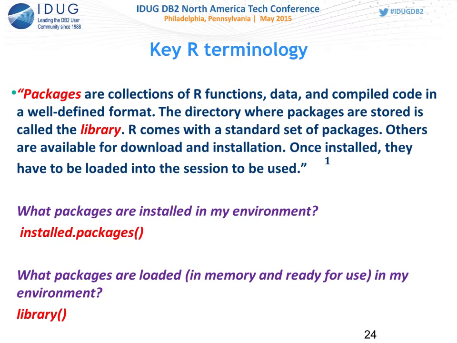To figure out what you've actually got in your environment, you use the install.packages command, and it'll list out everything that you have. Before you use a package, you have to load it. Otherwise, it's installed but not loaded, and you can't use it. To figure out what is loaded, you use library and parentheses.